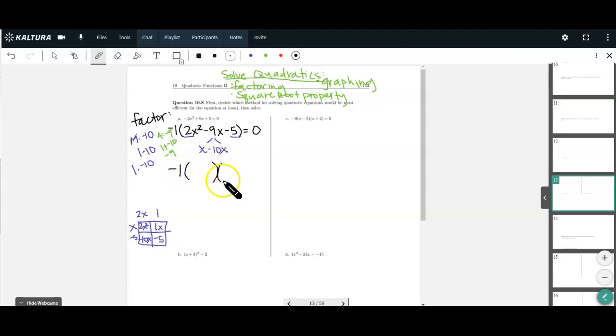But then in my parentheses, right, I'm going to have 2x plus 1, because that was a positive 1 that we brought out. And then in the other parenthesis, we're going to have that x minus 5, right, over there. And now what do I do from here to solve it? So after I've factored it, what do I do now?